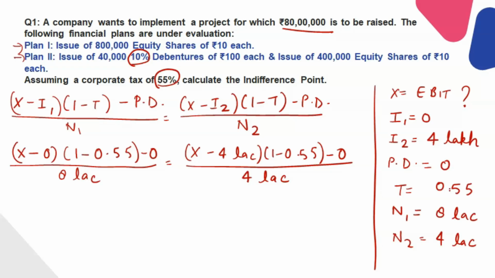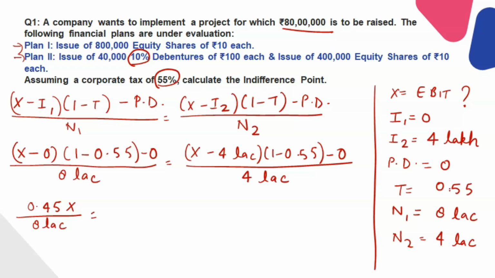When you simplify, X minus 0 will be X only and 1 minus 0.55 will be 0.45. So the 0.45X you will get on the top, divided by 8 lakh.